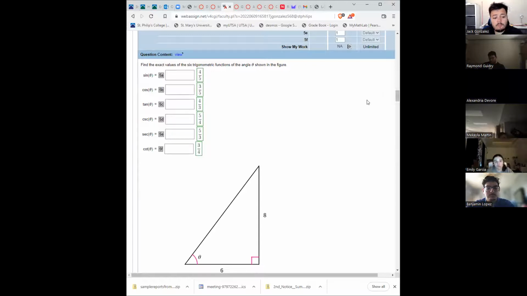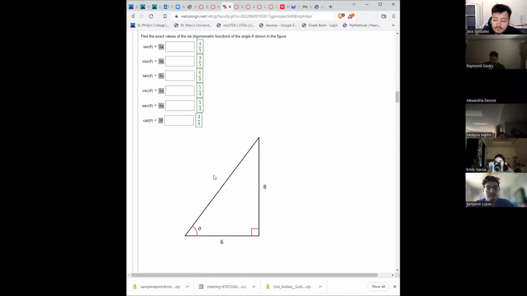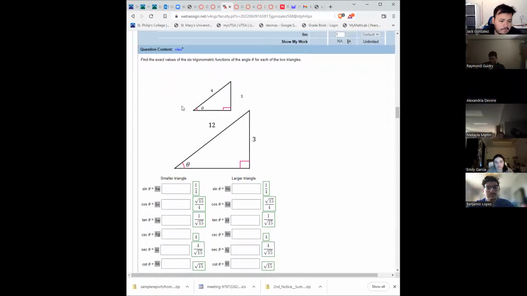Given a right triangle, can you find all 6 trig functions? Notice how we don't have the hypotenuse, right? So we have to use the Pythagorean theorem. I'm sure you're very comfortable with that, but we'll talk about it again just in case, to find the hypotenuse, and then we just build the sine, cosine, tangent based on those definitions. Okay, so that'll be our first example.